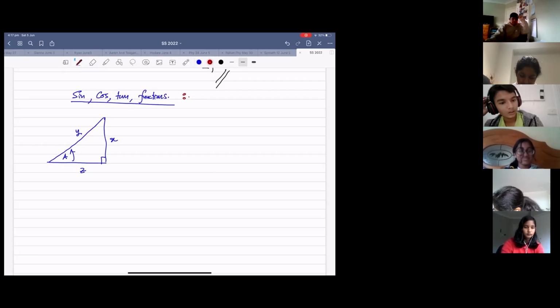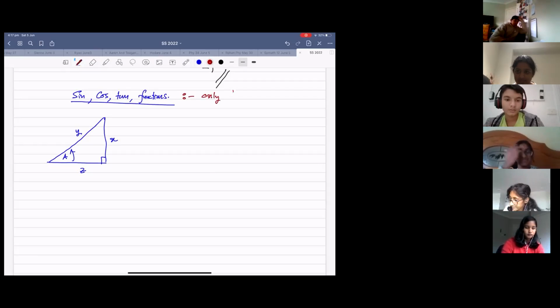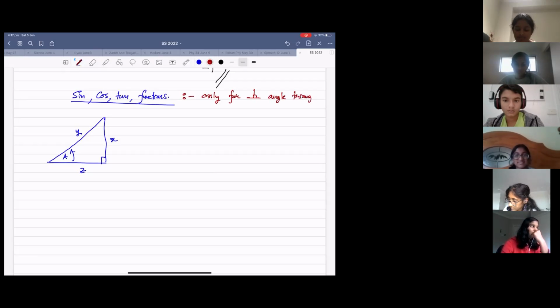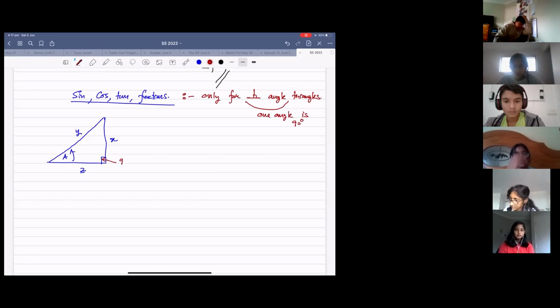These functions are only for a right angle triangle. Right angle triangle means one angle is 90 degrees. This is 90 degrees over here.